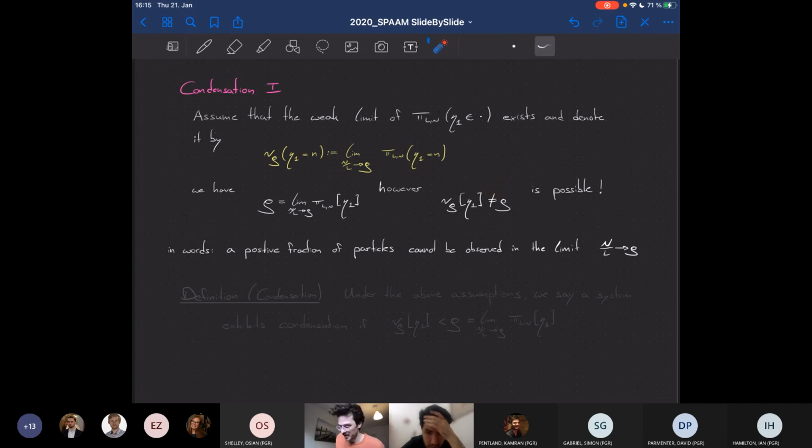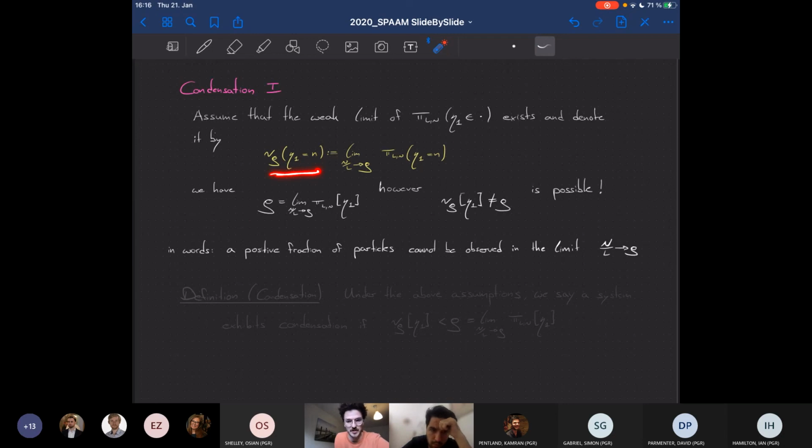So we have our finite systems where we have a density of ρ in here. So we have, if you want, ρ times L particles. Now, as you go to the limit, somehow some particles vanish, but it can't really be on any finite sites, right? Because finite sites, you could all observe them in the limit, since if you take any finite number, it's going to be a bounded test function.